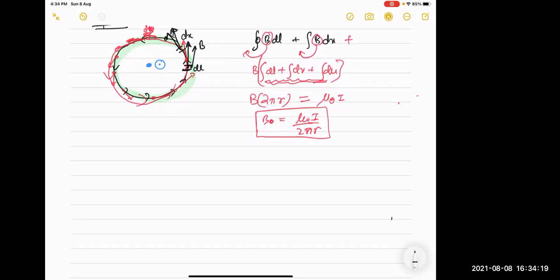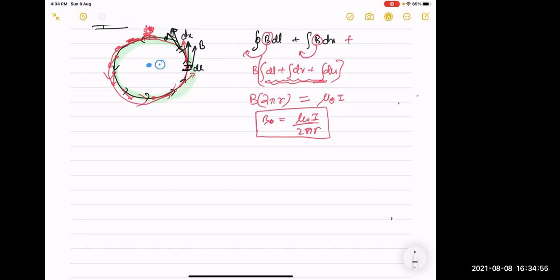Now my question to Aditi is, Ampere's law relates which two quantities? Radius of the circle and current. No. Sir, I'm not sure, like magnetic field in relation with the radius.